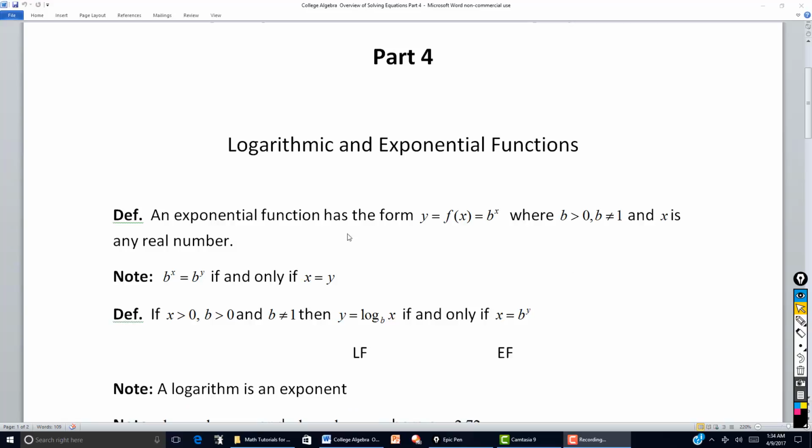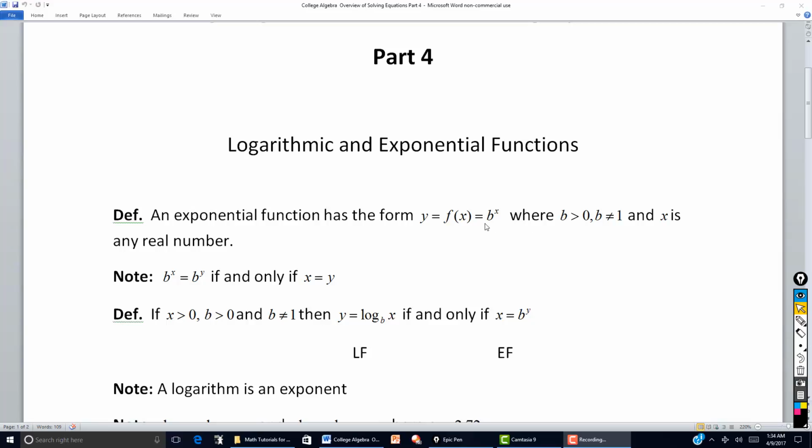definitions here. An exponential function has the form y equals f of x, which is equal to b to the x. Okay, so y or f of x equals b to the x power, and the conditions are that b has to be positive, b cannot equal 1, and x is any real number.